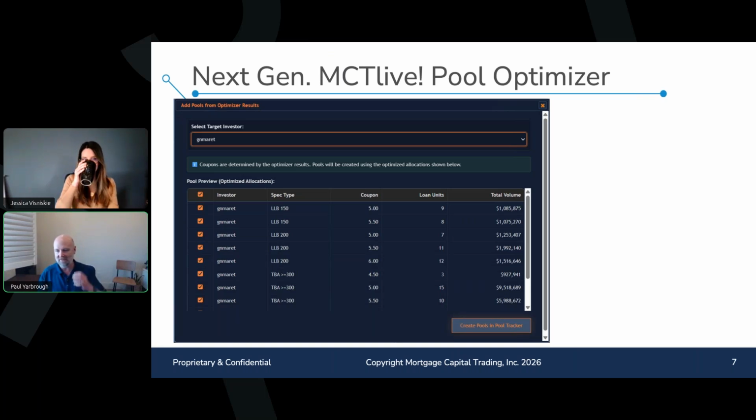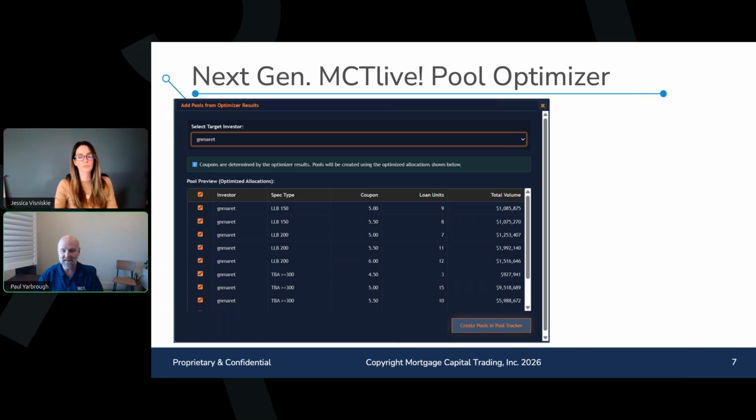And then ultimately, when you have your pool certified and ready to trade, remember, we can go right into our Agile platform and trade those via our MBS pool trading tool, to put all your bids in one place, process all your swaps, and do all that functionality for you.